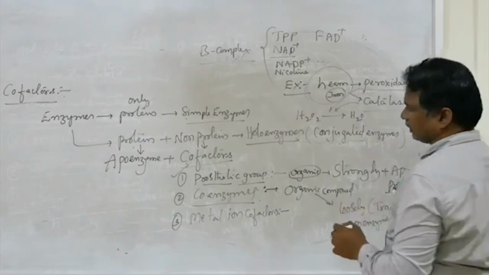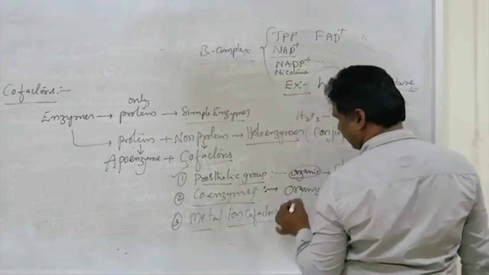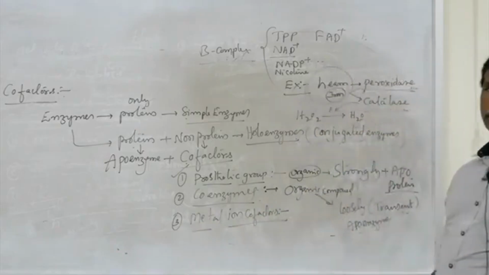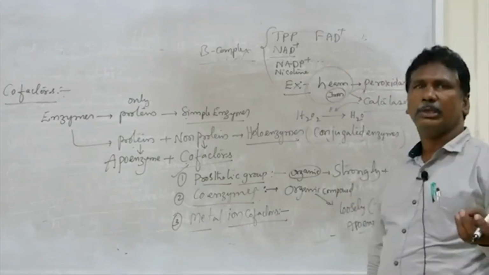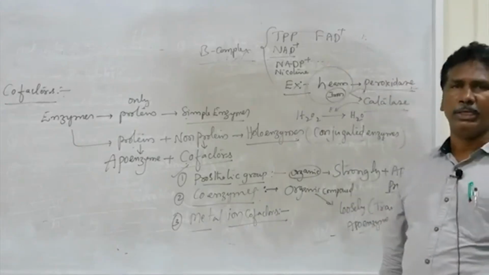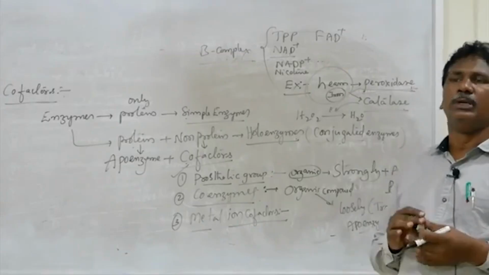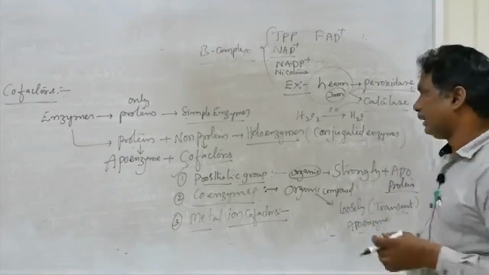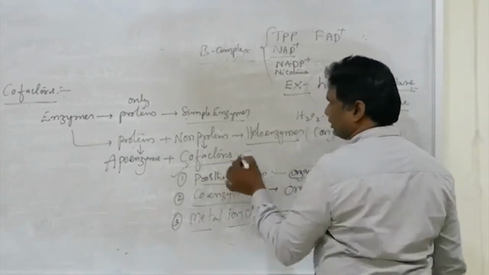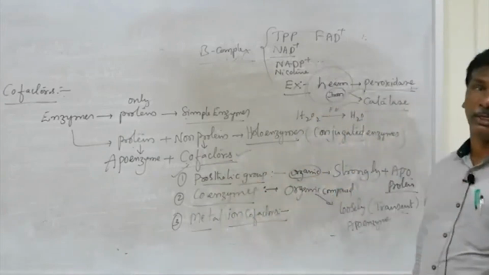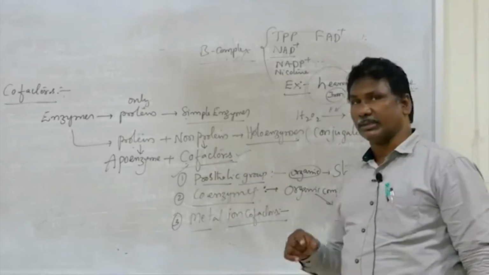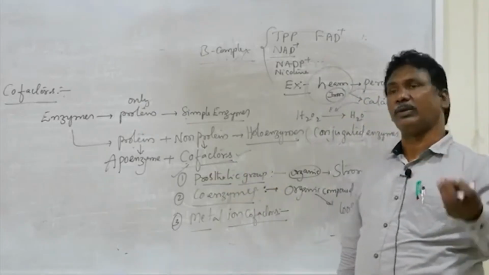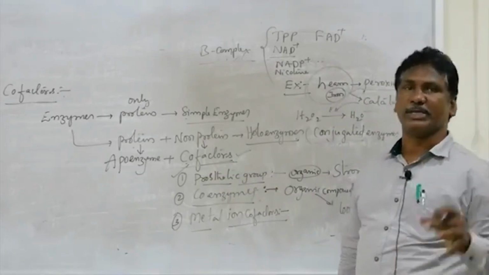Next, the last one, metal ion cofactors. Some metal ions like iron, manganese, magnesium and calcium act as cofactors. They are strongly attached to the enzyme protein and activate the activity of an enzyme.